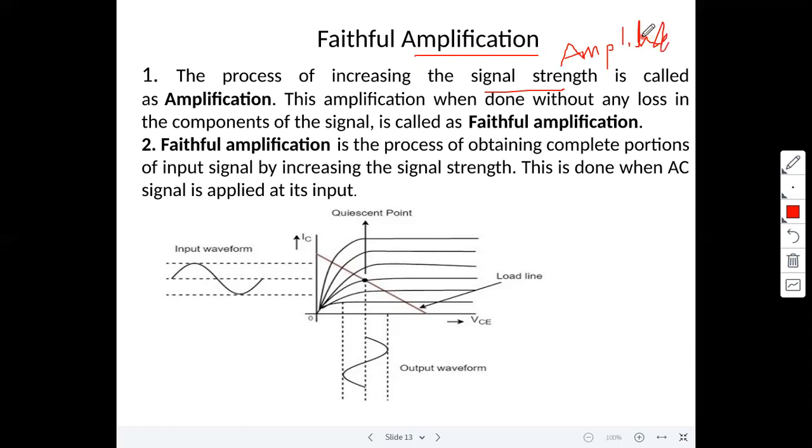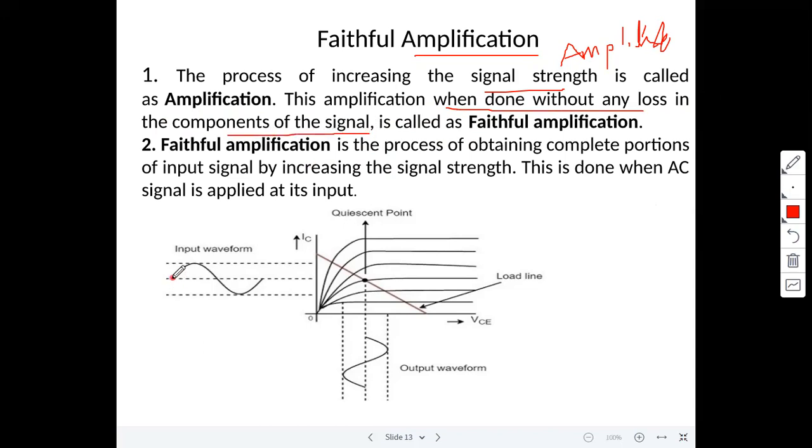This amplification, when done without any loss in the component of the signal, is faithful amplification.